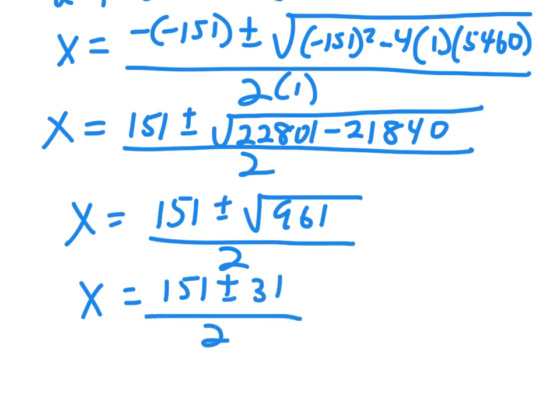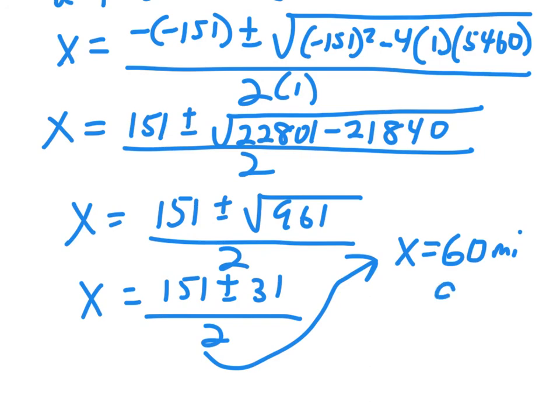It's 31, so that's going to get me x equals the smaller number, 151 minus 31, which is 120 over 2, so that's 60 miles, and then 151 plus 31 is 182, divided by 2 is 92 miles.